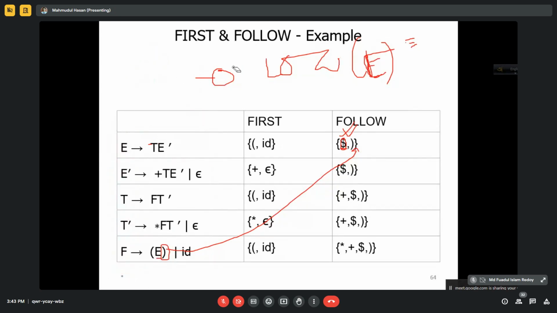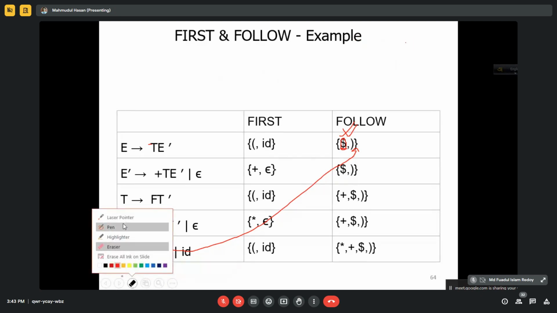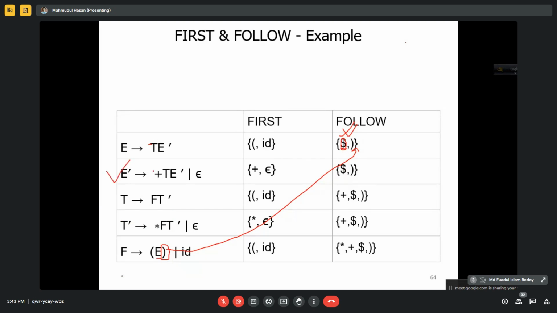Try to write down the rules, what I am saying. Okay. Then the second one. Now I am trying to find out follow of E dash. If you are trying to find out follow of E dash, you need to look at the right hand side.